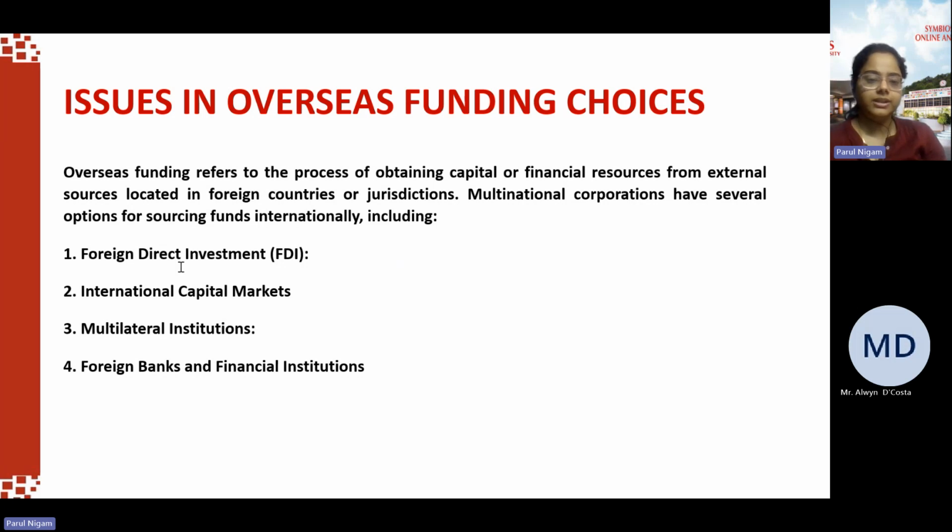So FDI is when foreign countries invest in another country. FDI is also impacted by your funding choices. First of all, let's understand FDI: it is a kind of long-term investment by a foreign entity in a business located in another country.